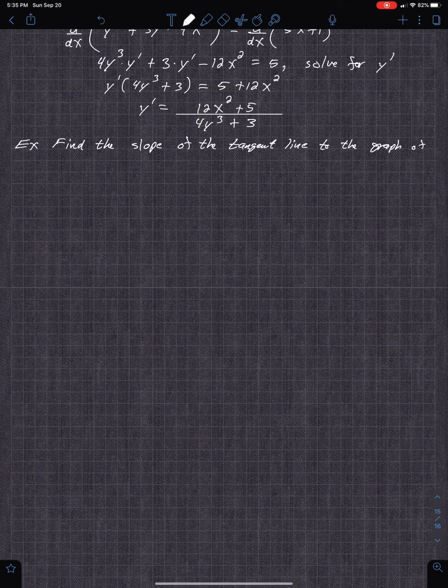of y to the fourth plus 3y minus 4x cubed equal to 5x plus 1, same as above, of course, at the point P(1, -2). Now, you can't just pick any random point.